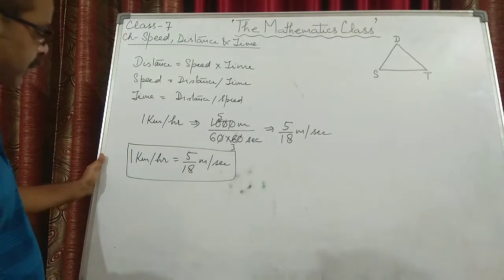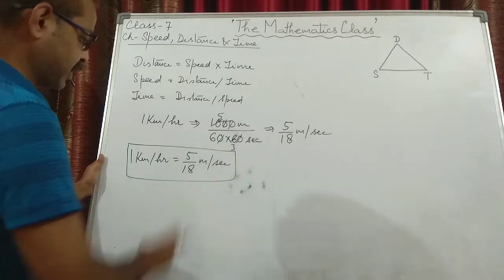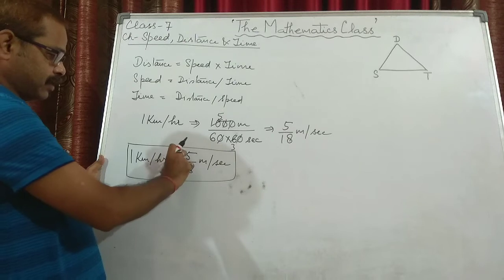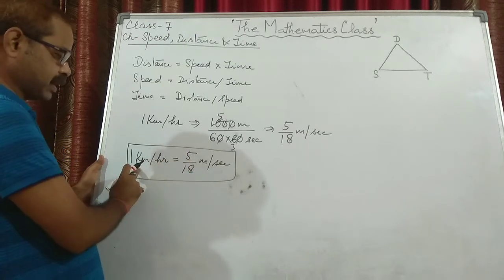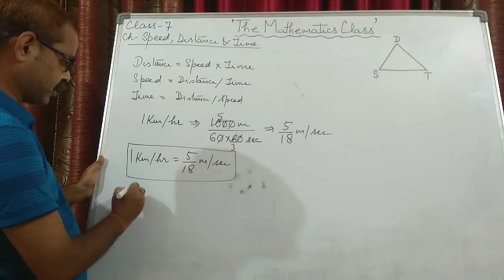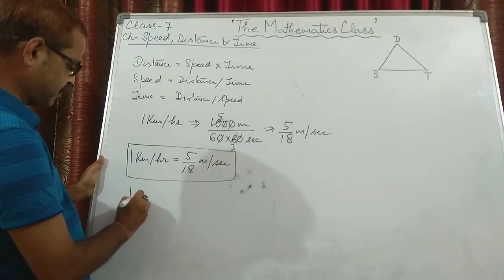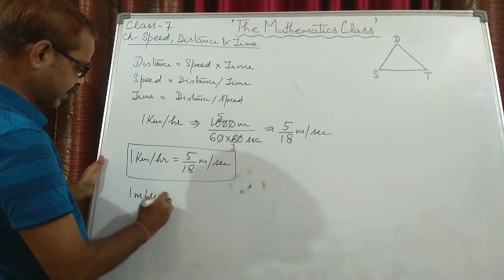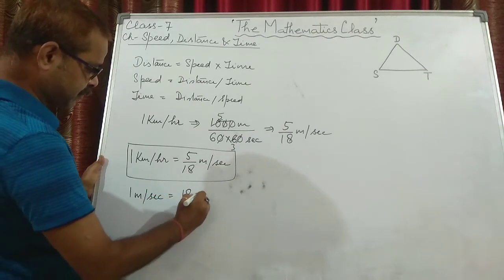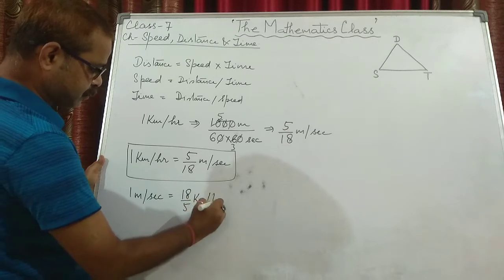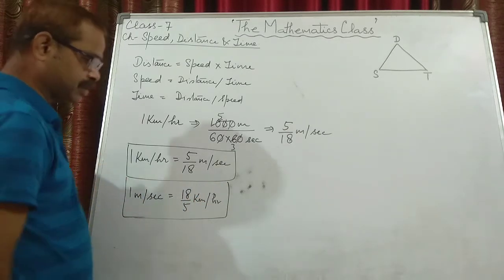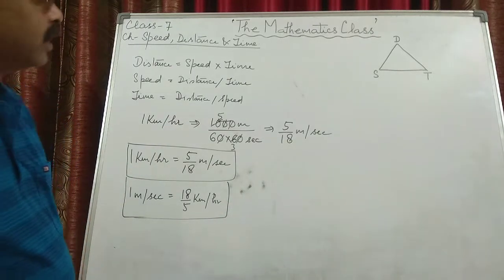This is very important. And the other conversion, if I want to convert meter per second into kilometer per hour, this 5 upon 18 will come to this side. It means 18 will be in numerator and 5 will be in denominator. So we can say 1 meter per second is equal to 18 upon 5 kilometers per hour. So these are the two basic conversions that we will be using.